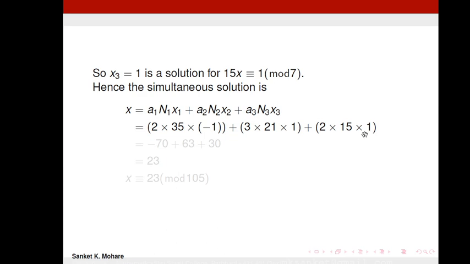So 2 multiplied by 15 multiplied by 1. So this multiplication is -70, then 21 into 3 is 63 multiplied by 1, that is 63, and 15 into 2 into 1 is 30, and this calculation gives 23. So therefore x is congruent to 23 modulo 105. This is the solution for the given system of congruences.